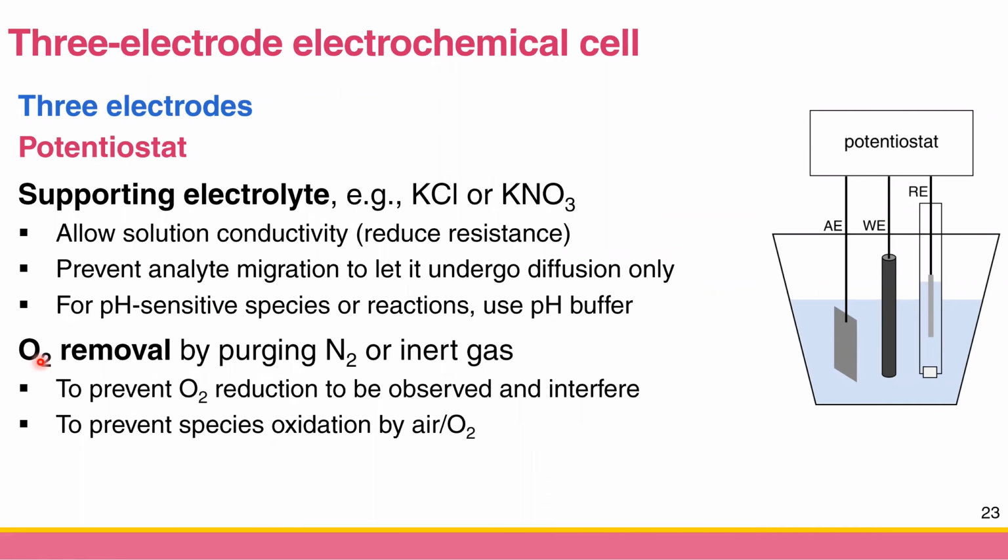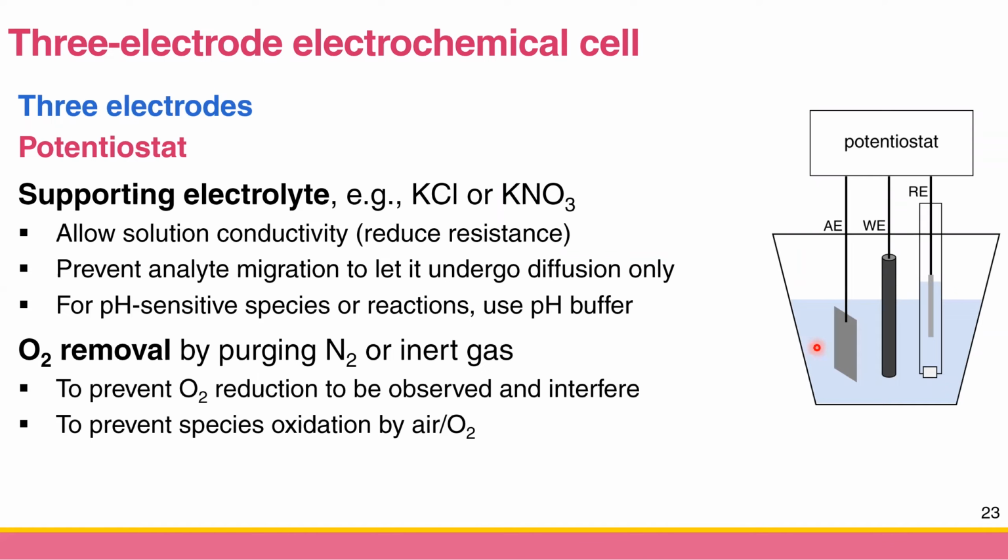Another little concern is that you may need to remove the oxygen from the system. By doing this, you connect this with nitrogen gas, and you put the nitrogen tube in this solution, and you push the nitrogen into the system so that the oxygen is kicked out. And why don't we need oxygen? Because oxygen can be reduced in electrochemical cells, actually, because now we are dealing with dynamic electrochemistry, right?